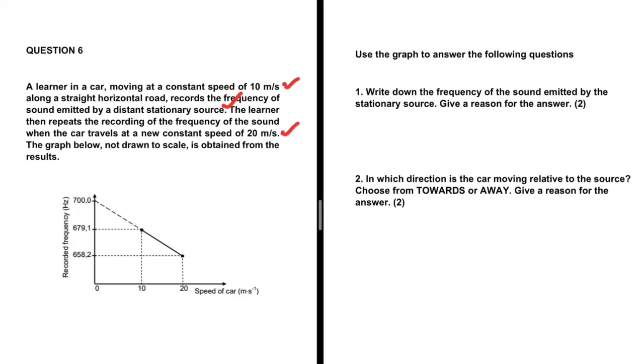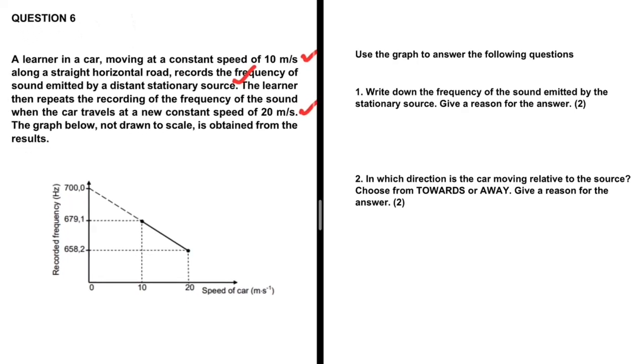So let's go ahead and analyze this graph. On the x-axis, we have the speed of the car in meters per second. And then on the y-axis, we have the recorded frequency, or the frequency experienced. That will be FL, the frequency observed by the listener. So let's analyze this graph.